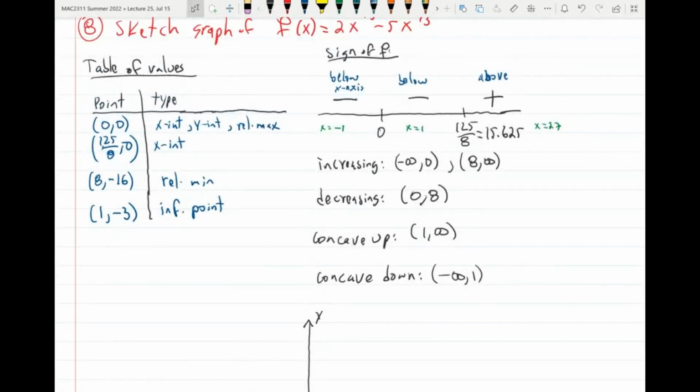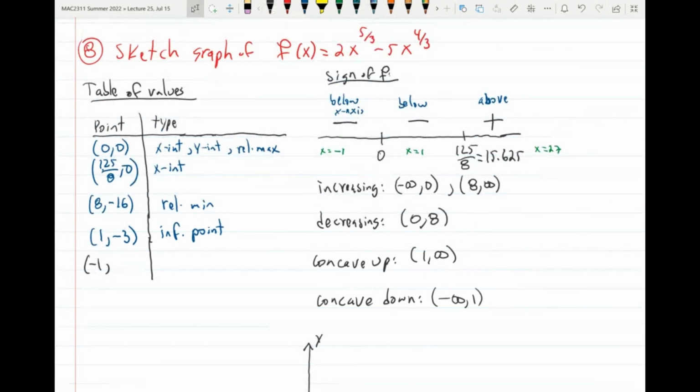So this is when you will see that I need some more additional points, just to make my graph easier. Anyways, we put negative 1, then we're gonna have 2. So negative 2 minus 5, so that's a negative 7. So this is just an extra point.